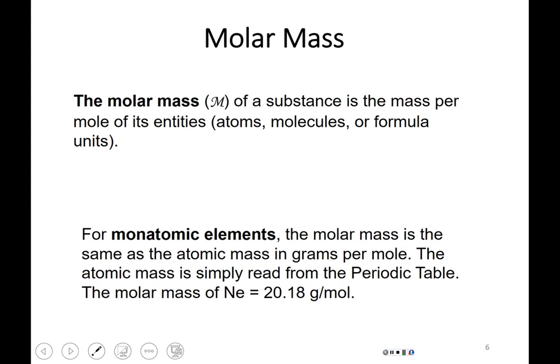The easiest ones to look up are those for elements, because the molar mass is the atomic weight for an element, which is given to you on the periodic table. Those are fairly easy to work with because you just look up a number. Molecules are probably what we're going to be looking at a little bit more in this class.